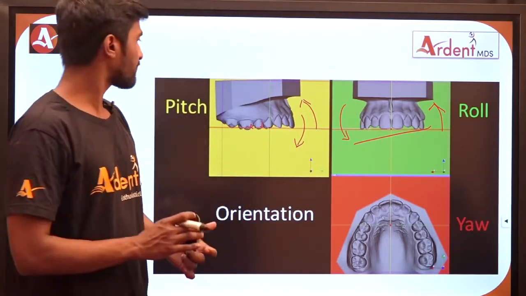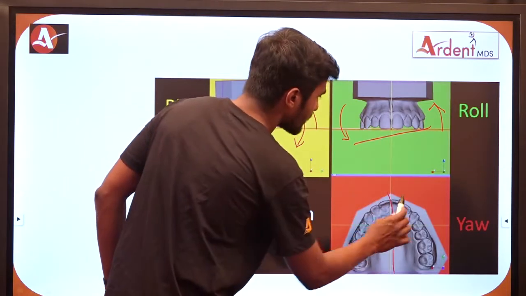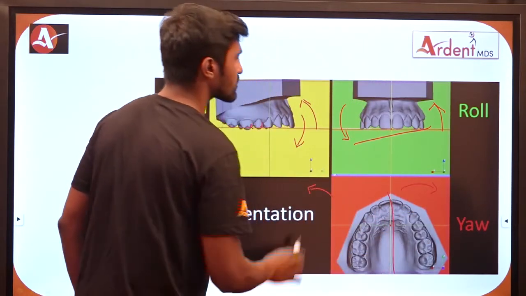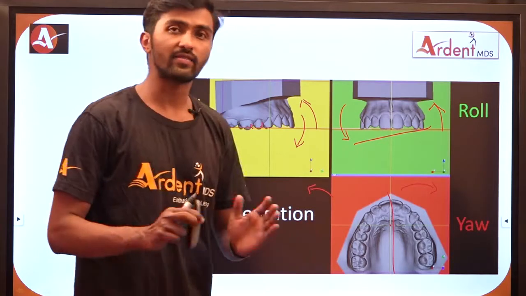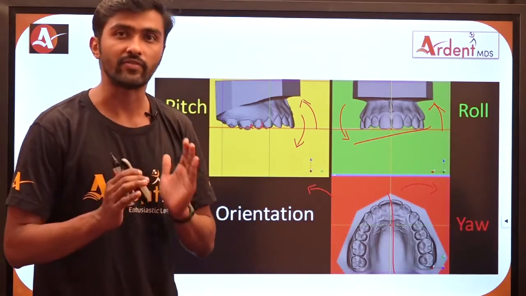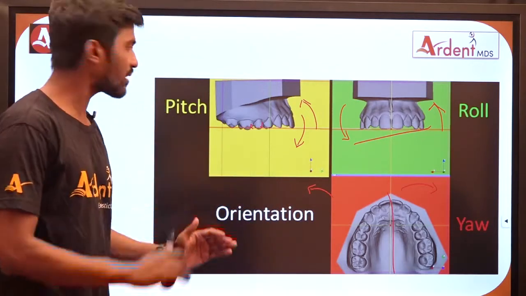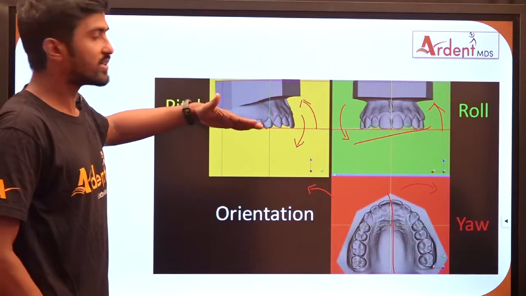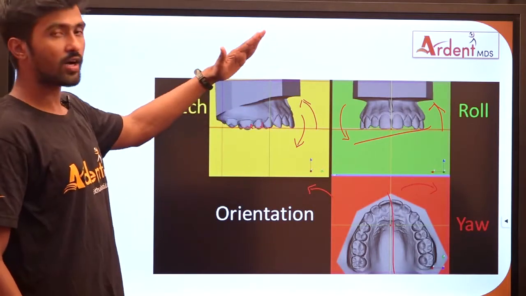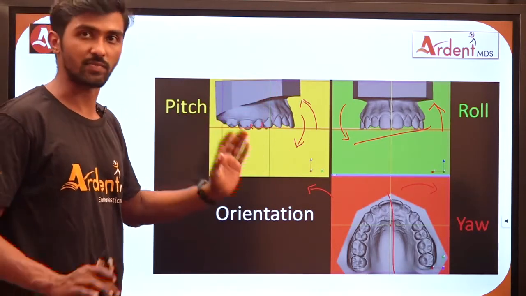Very simple, right? In case of yaw, the maxilla can either turn this way or this way. So there will be a change in the dental and skeletal midline deviation in case of yaw. Just to quickly recap, a pitch is nothing but tilting of the occlusal plane either excessively upward or downward, called pitch up or pitch down of the maxilla respectively.